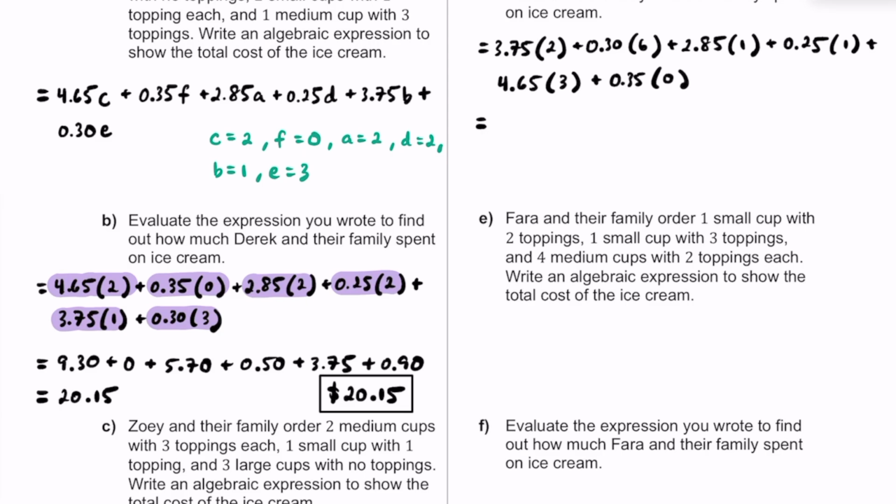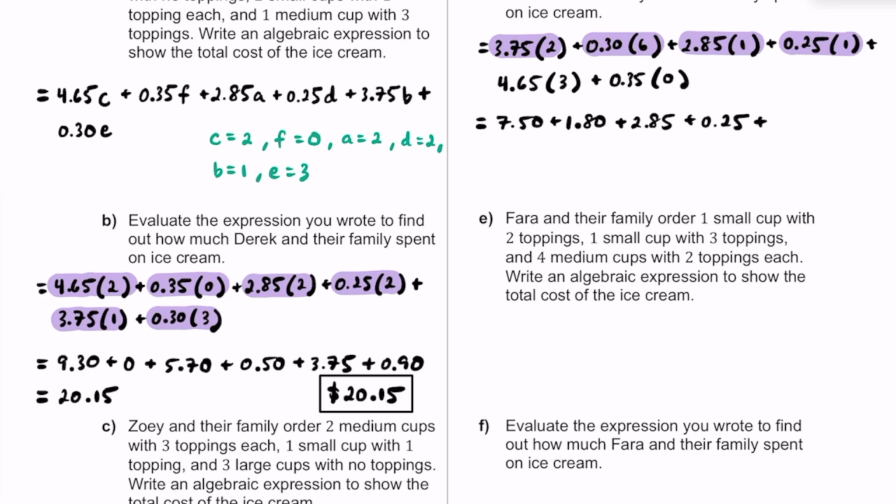I'll do one part at a time here, so feel free to use a calculator as well. So it's 3.75 times 2. That's going to be $7.50 plus 30 cents times 6. I know that's going to be $1.80, so feel free to use a calculator if you need to. Plus we have this 2.85 times 1, so it's going to be $2.85, plus 25 cents times 1, which is just going to be 0.25.